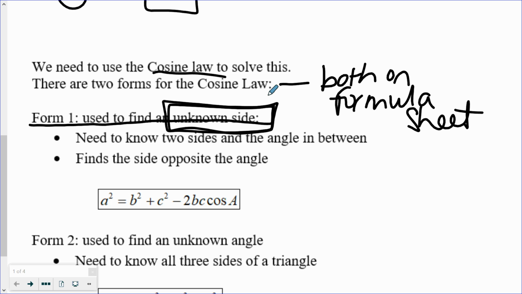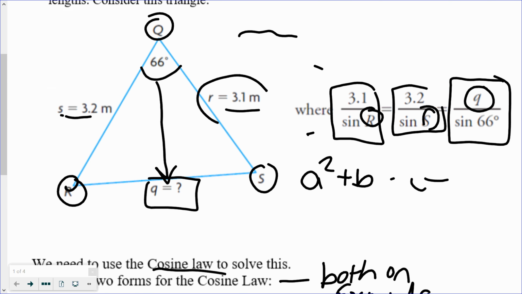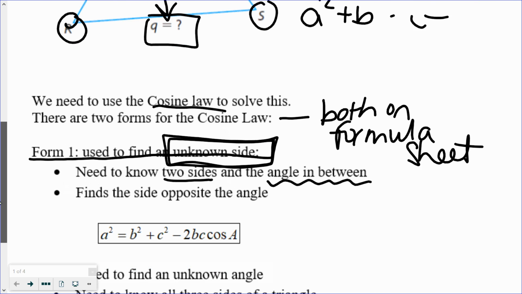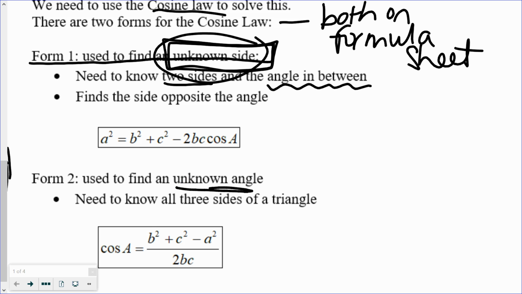What we need is two sides and the angle in between, which is our situation here. We would be able to use that form to find the third unknown side. The other form is for when we're looking for an unknown angle, and in order to do that, we need to know all three side lengths of the triangle.